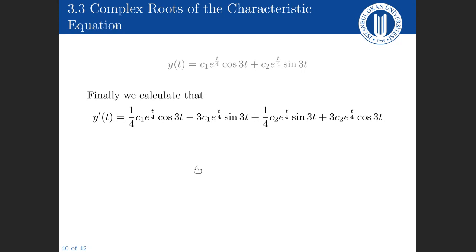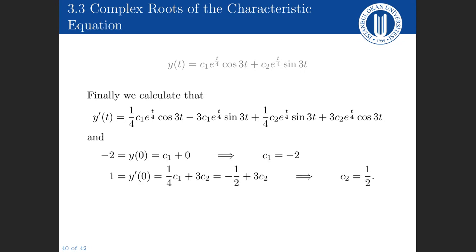Next, we need to find the constants C1 and C2. We need the derivative, y prime. You can check if this is correct or not. And then we put in t is equal to 0. First of all, y(0) must be minus 2.